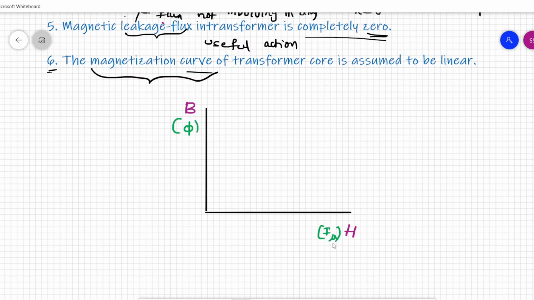We know that I mu is required to produce flux. So in an ideal transformer, the curve between flux and I mu is linear.